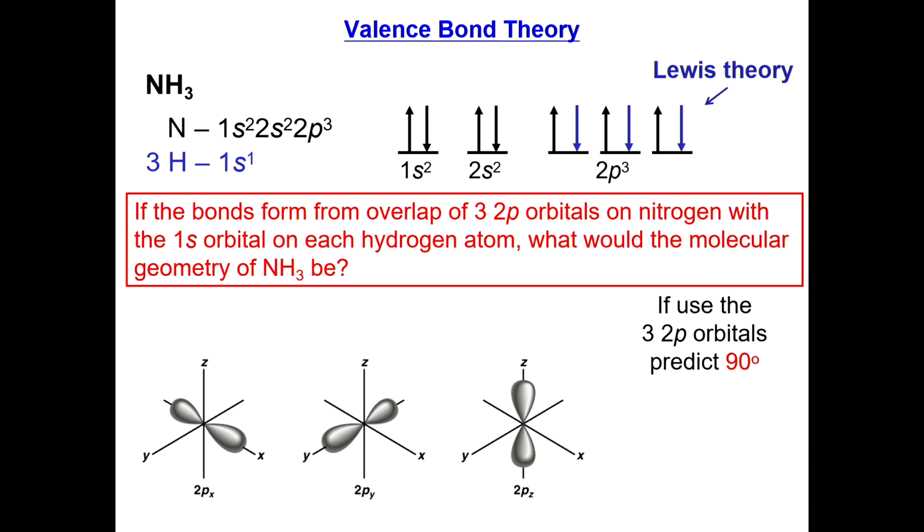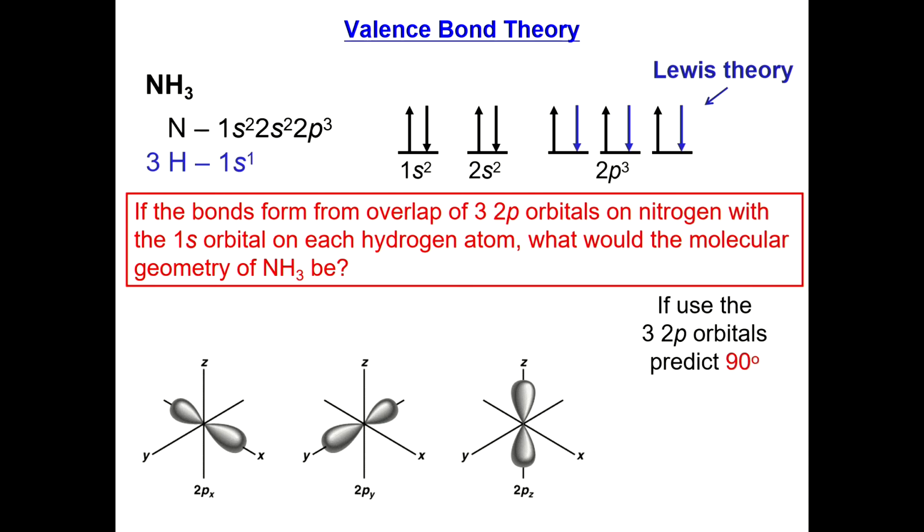If like this, one hydrogen here, one hydrogen here, one hydrogen here, 3 hydrogens, right? If like this overlap, what's the angle between the hydrogen and the nitrogen? 90, right?